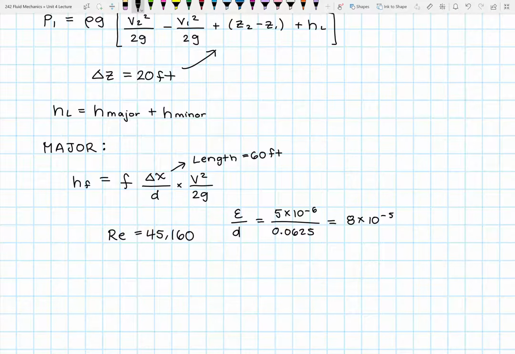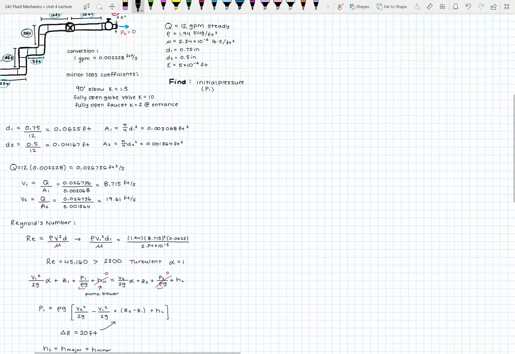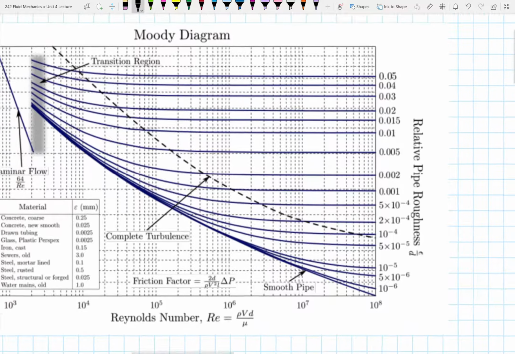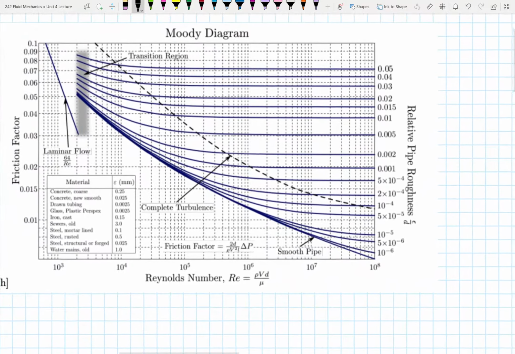Alright, so with these two pieces of information, this is when we can move over to our Moody chart, which I just have up here waiting for us. Alright, so first things first, let's start with our Reynolds number. So this is using a log scale. 45,000 is going to be coming after 10 to the 4th.